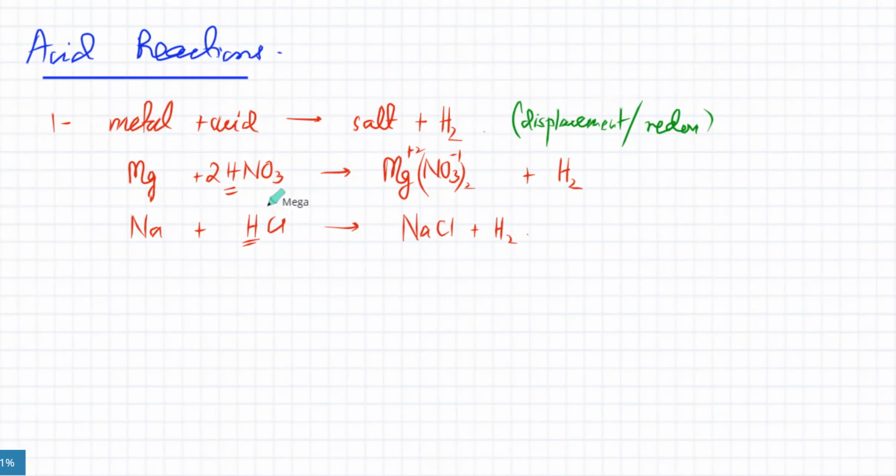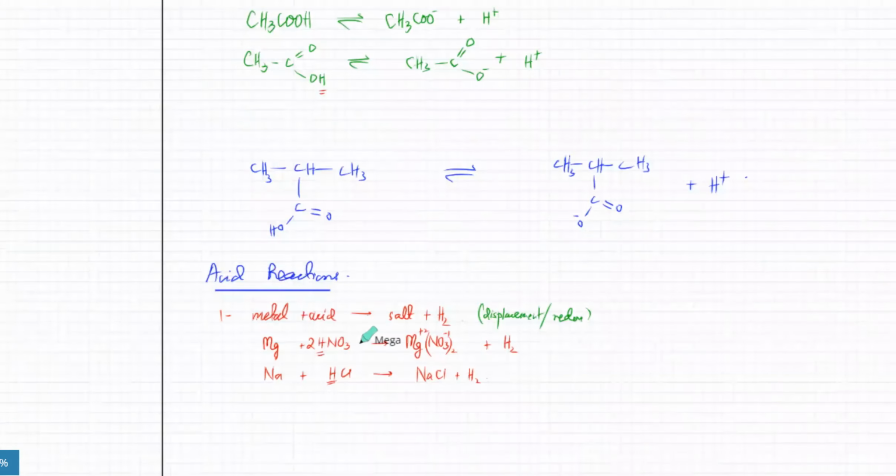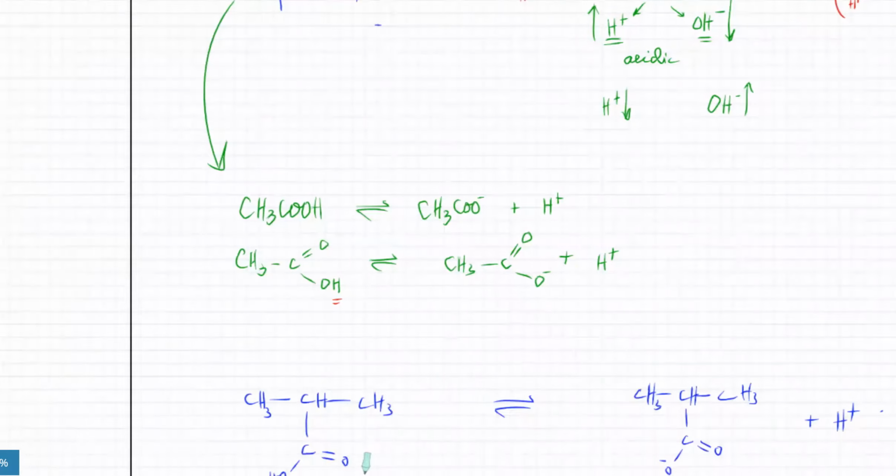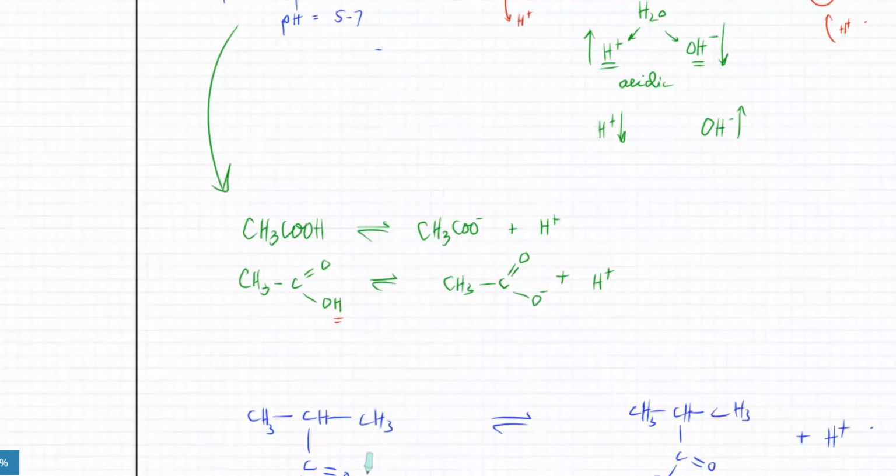Remember, it's always the H in the acid that gets displaced by the metal. So you've got all sorts of carboxylic acids, and we did discuss this. It's always going to be the H in the carboxylic acid, specifically this one, not anyone else.